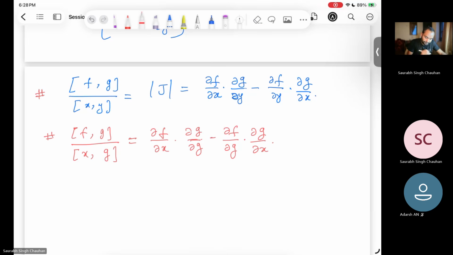We have replaced y by g. Is it okay? Okay, sir. Then what will it become? The partial derivative of g with respect to g is 1, and what else?